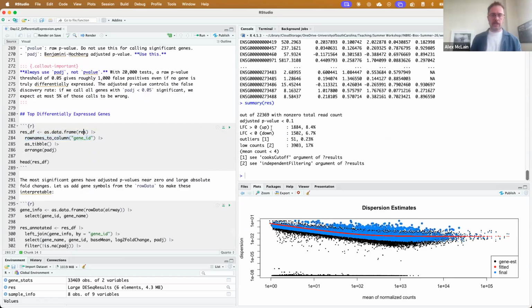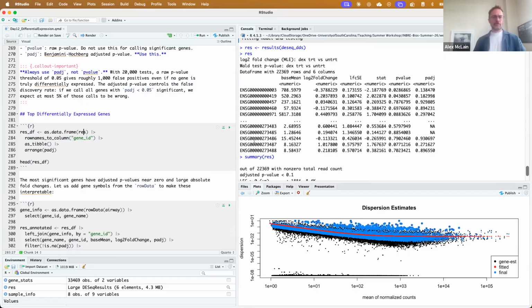So this res has row names to it, and the tables that we use, they don't like row names. It's one of the 10 commandments of how tables work: you shouldn't have row names. So we're using this rownames-to-column function, which will take the row names from res and turn it into a column, gene ID, that will contain the row names.